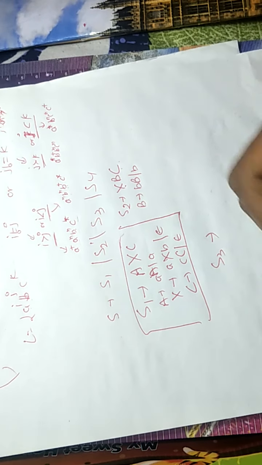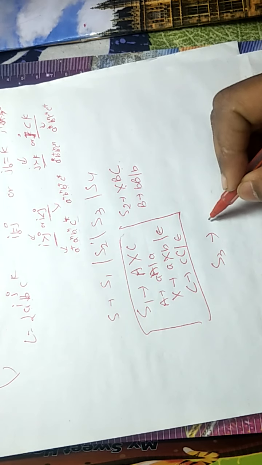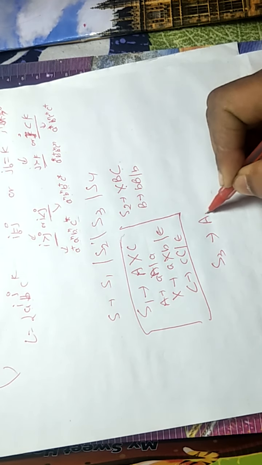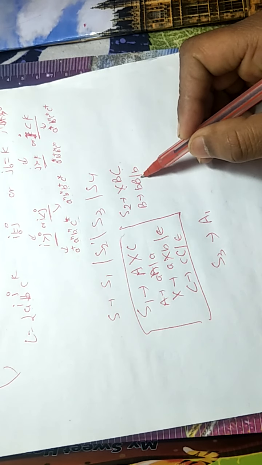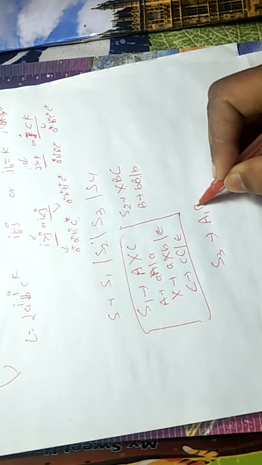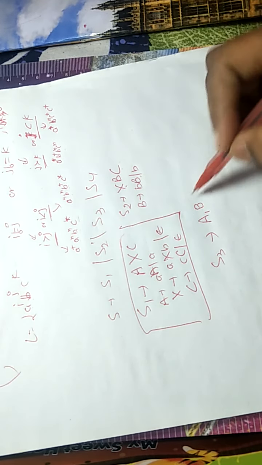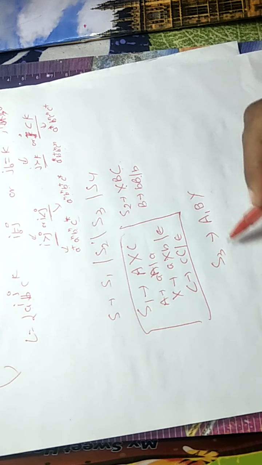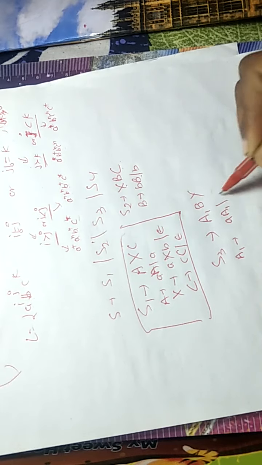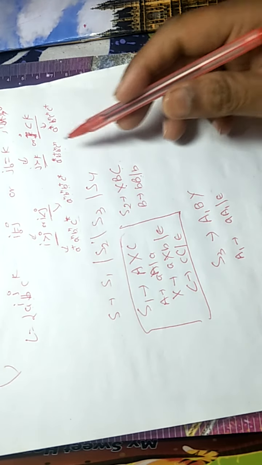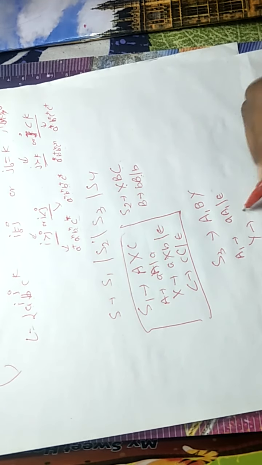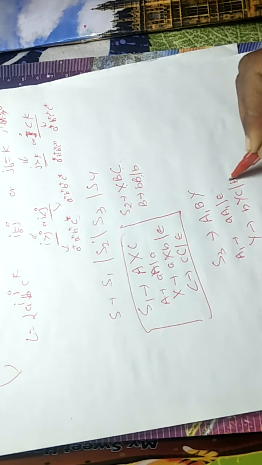S3 can be written as A closure, say A1, and B positive closure. B positive closure is already written as B here, so we write it B, and B and C, and let's say it is Y. So A1 is A positive closure, A1 or epsilon, and B is already written, and Y is B Y C or B C or epsilon.